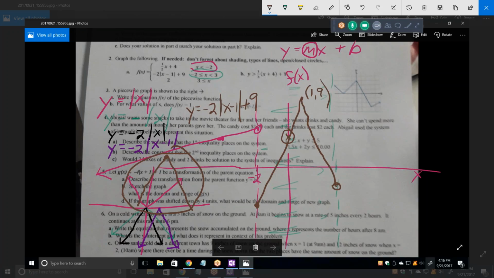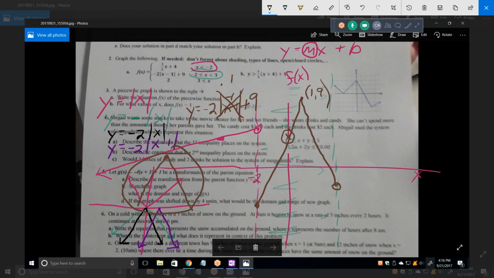I want you to start with the hard part, which is the absolute value part. It's kind of like being inside of parentheses. The idea is you want to get rid of the parentheses first. If I plug in 0, I get 0 minus 1, which becomes -1. What's the absolute value of -1? +1. So now I've eliminated the absolute value sign, and I have -2 times +1 plus 9.